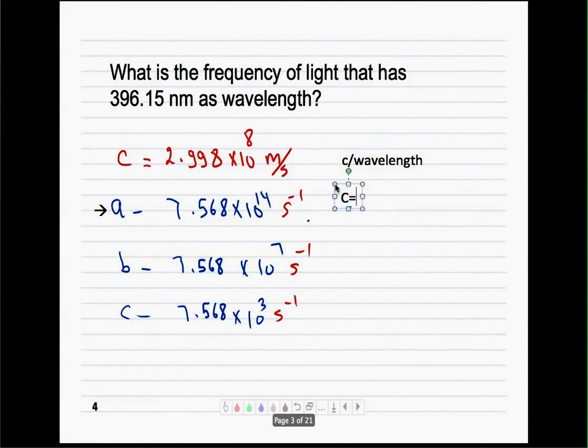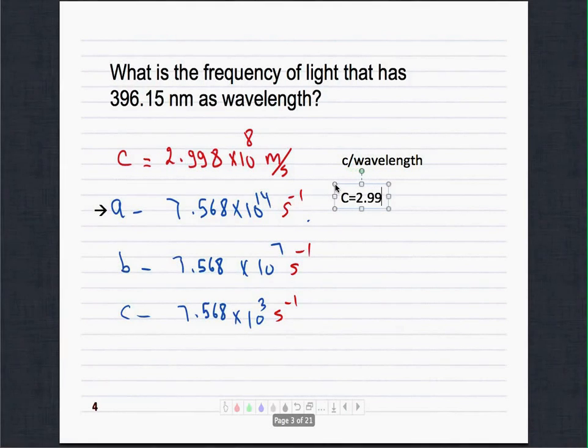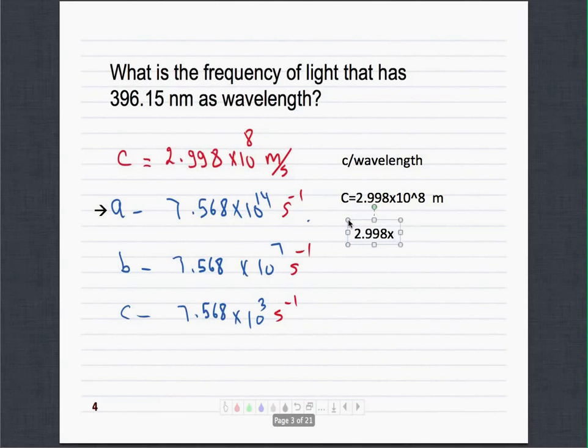So frequency equals c. c is given to me right there. It's 2.998 times 10 to the 8 meter second minus 1. Right? So the only thing that went wrong if you answered B or C is you either forgot to convert from nanometer to meter, or you did the conversion in a wrong way.